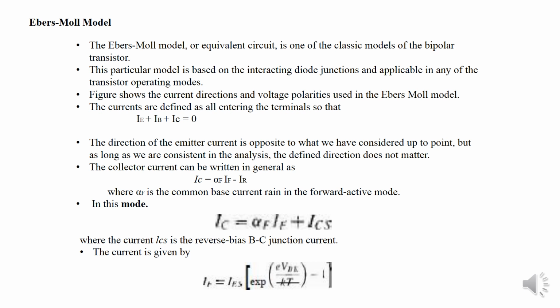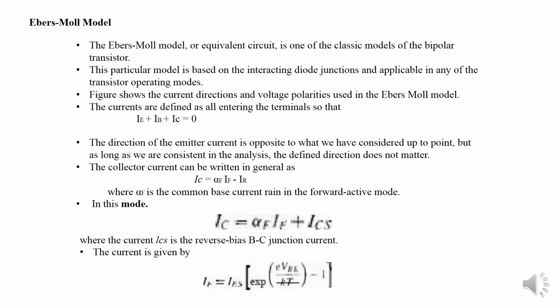Here the model is based upon the interacting diode junctions and is applicable in any of the transistor operating regions. The figure shows the current direction and the voltage polarities used in the Ebers Moll formula, and the currents are defined as all entering the terminal, so that the collector current, emitter current, and base current sum to 0. Therefore the collector current can be written in general as IC equals alpha F IF minus IR, where alpha F is the common base current gain in the forward active mode.